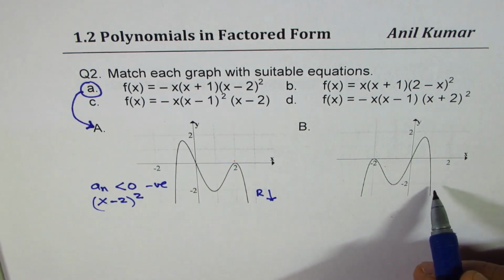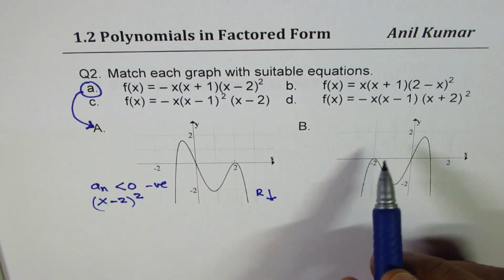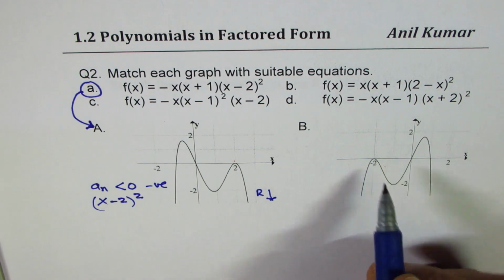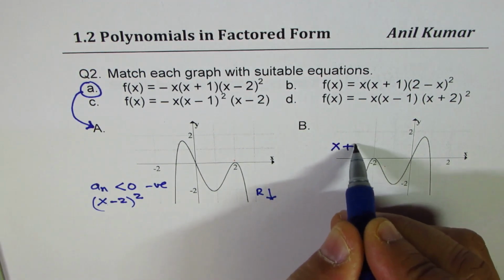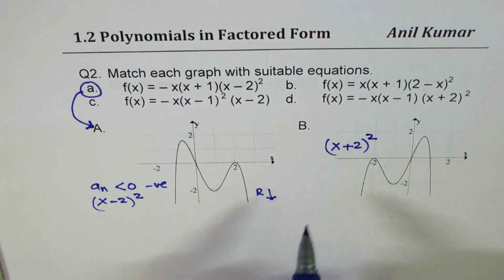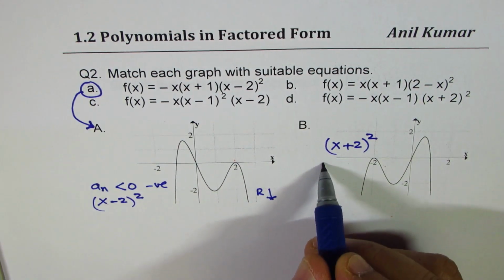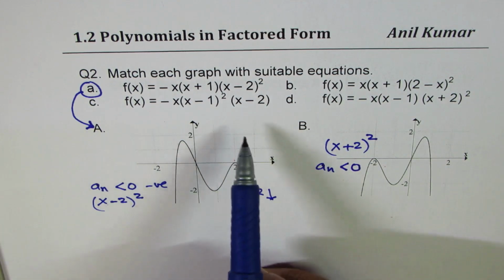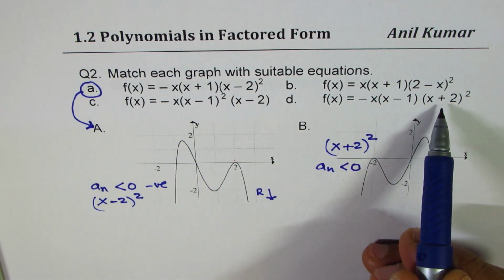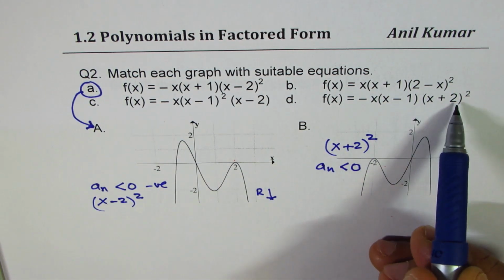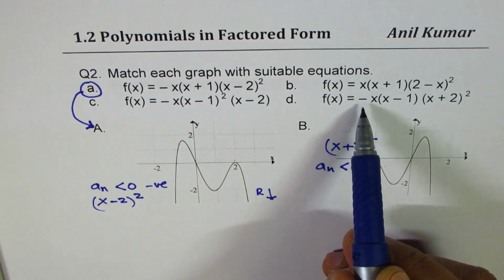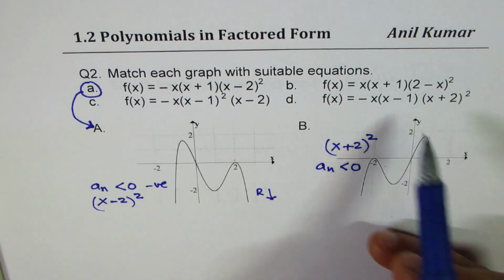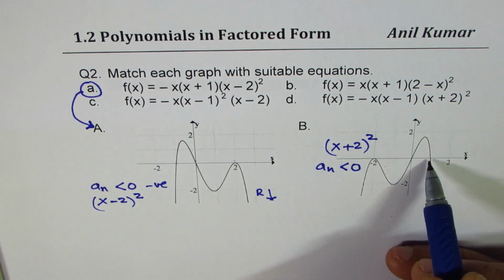Now let's look into this. Well, here also right side is down. However, the double zero here is at minus 2. So we are looking for a factor which is (x plus 2) whole square with leading coefficient less than 0. So (x plus 2) whole square we're looking for, which is option D, with leading coefficient negative, another zero at 1.